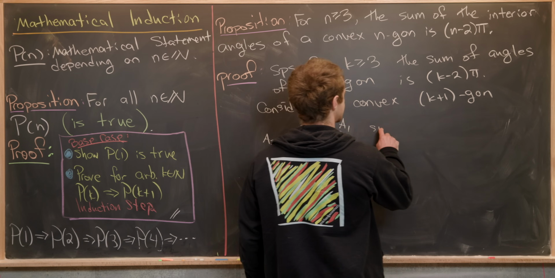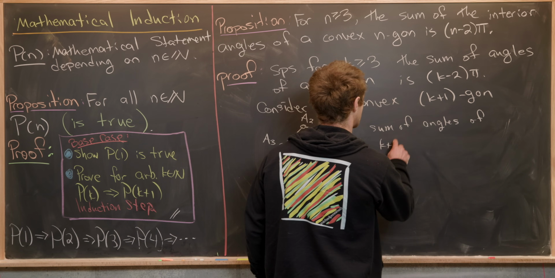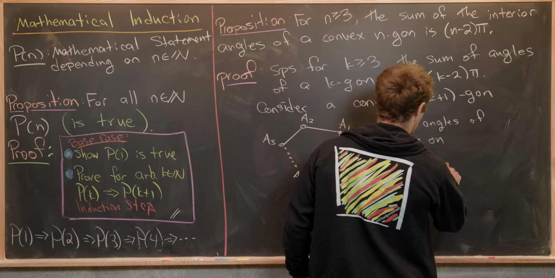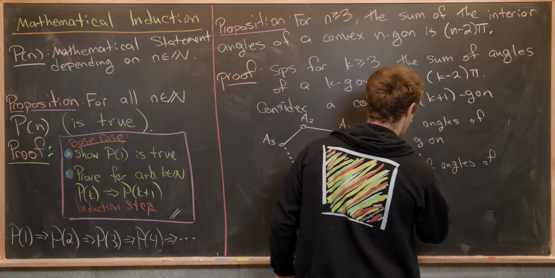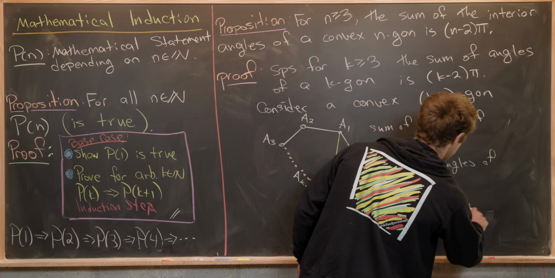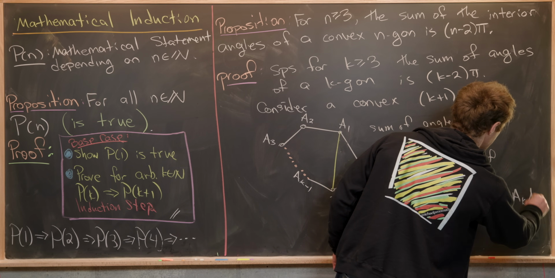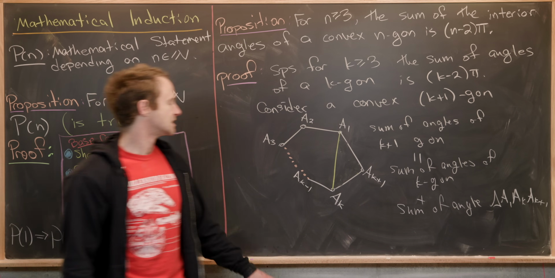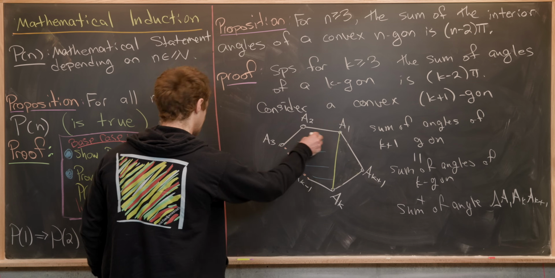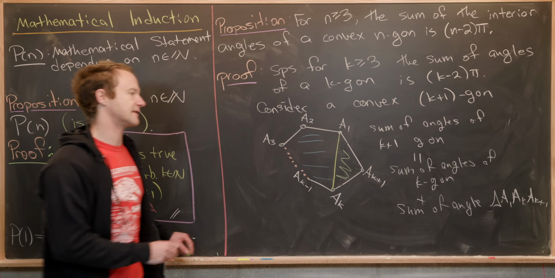So let's notice the sum of angles of the k plus 1 gon equals the sum of angles of the k-gon plus the sum of angles of triangle A1, A(k), A(k+1). Because we've broken this into a k-gon, which maybe I'll shade in blue like this, and then a triangle, which I'll shade in green like that.